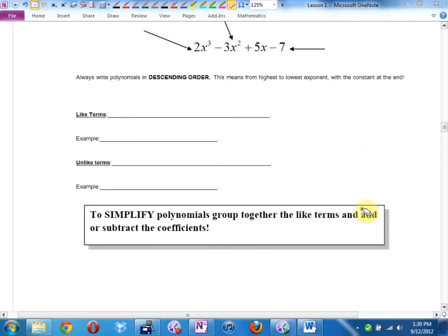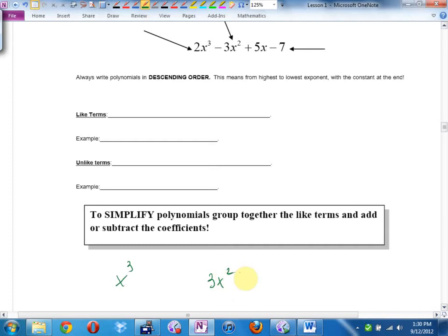Like terms. What are like terms? How are terms considered like terms in the mathematical sense? What was the definition, or what do they have to have? Same variable? So you're telling me that this and this are like terms?